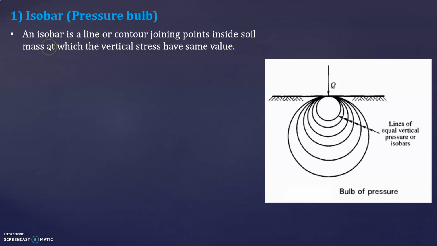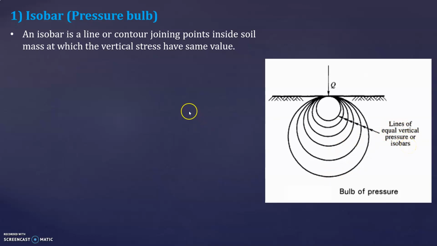An isobar is a line or contour joining points inside the soil mass at which the vertical stress has the same value. You can see here these are all the isobars, the lines of equal vertical pressure.